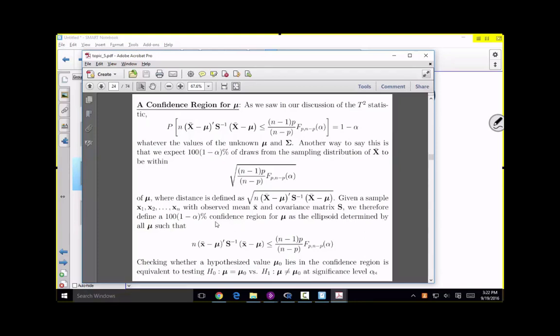Specifically, if you want, say, a 100 times 1 minus alpha % confidence region for mu, this is not an interval, it's a region. It's a multidimensional region. If we want a region about which we can say, I'm, say, 95% confident that mu is in there, then we can use this F distributed result.